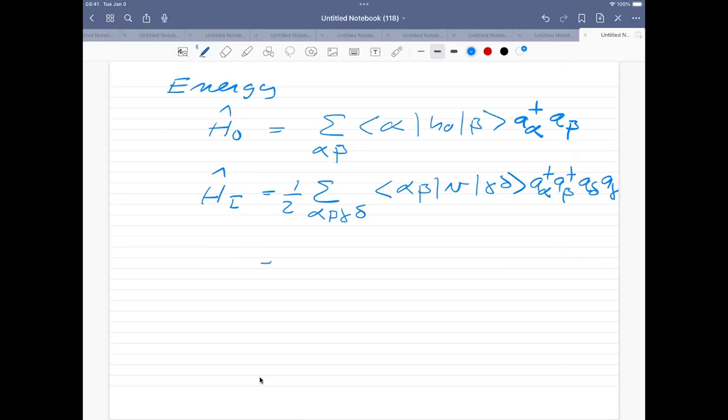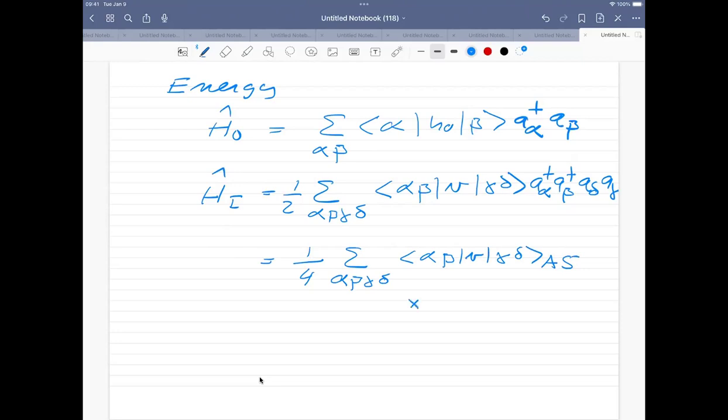You will often also see this one written out in terms of the anti-symmetrized matrix element. And in that case, you would see this being rephrased in terms of these matrix elements, which are anti-symmetrized, where we have the so-called direct term minus the exchange term.